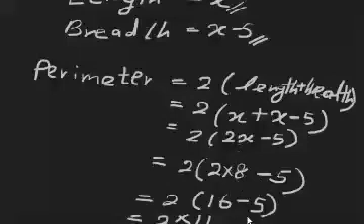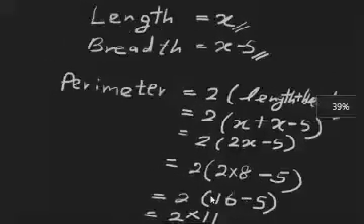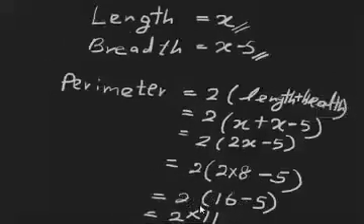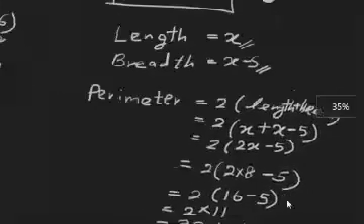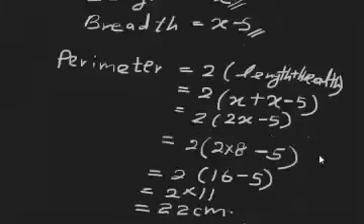Then I simplify and remove the bracket. Here the operation in between is multiplication, so I put a multiplication mark here. 16 minus 5, 11. Answer is 22 centimeters.